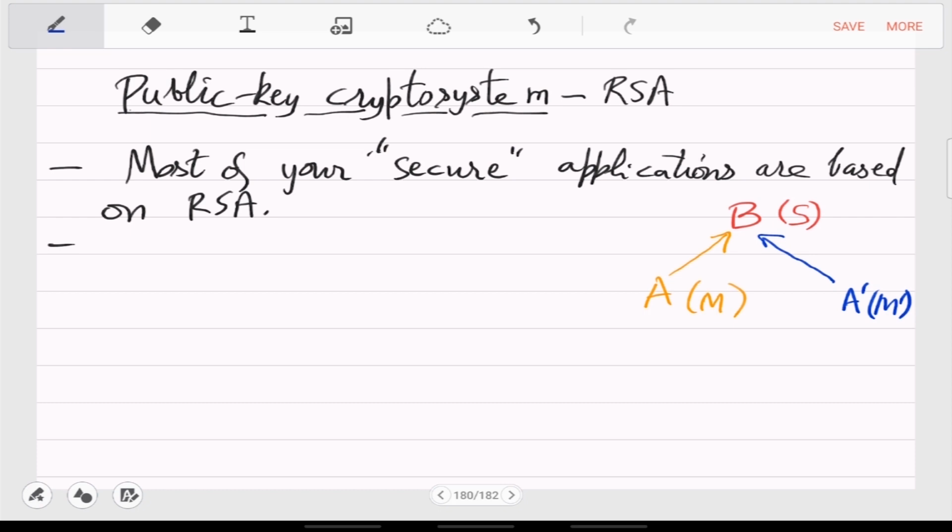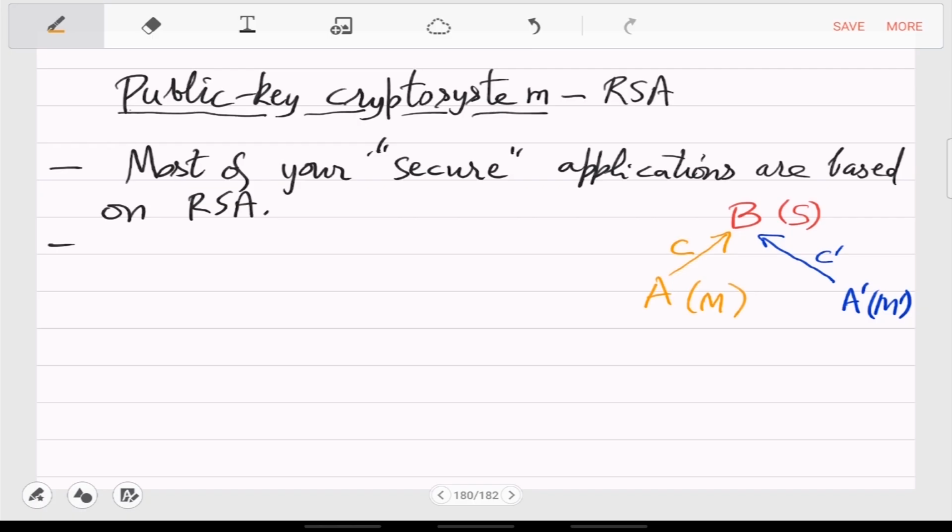I mean, at least nobody else should understand the message M except the bank, because this is basically your account information, password, etc. Right? So these are very important things. You don't want anybody to know this. So what will be sent is obviously the cipher on the channel C and C prime. So how do you solve this problem?